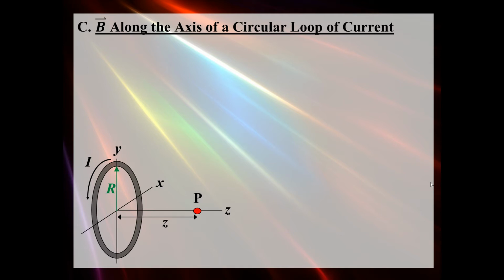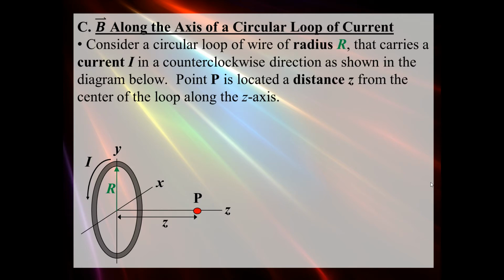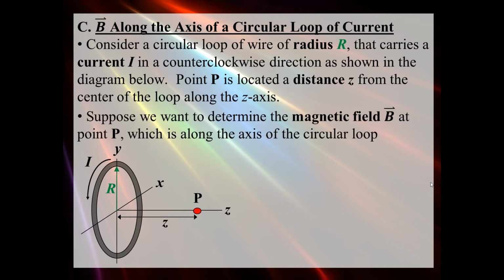So let's go through how to do this with the Biot-Savart law. Consider a circular loop that has a radius of capital R. It carries a current I in a counterclockwise direction, as if we were looking at the ring from the right-hand side of the page. Point P is located at a distance z from the center of the loop, along the z-axis.